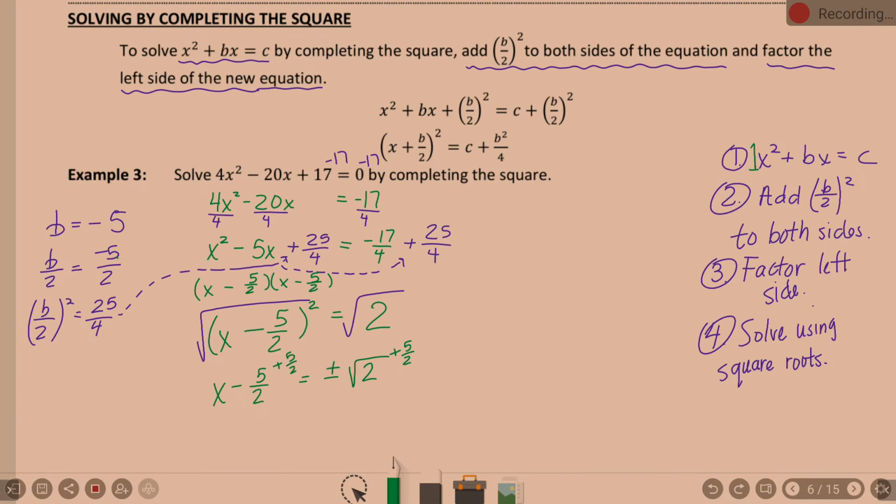And so then we end up with x equals. My personal opinion is to put the plus or minus in the middle of the two terms. So when I write this, I'm going to move this plus 5 halves out front, and I'm going to say 5 halves plus or minus the square root of 2.